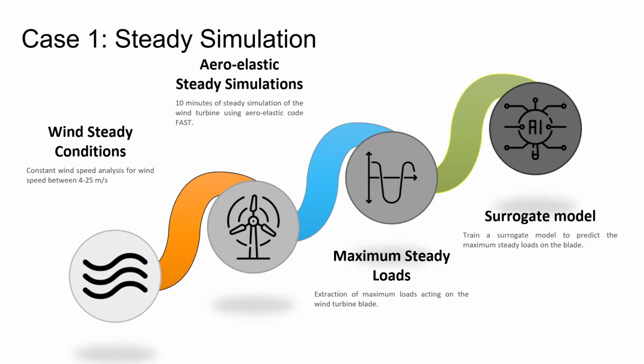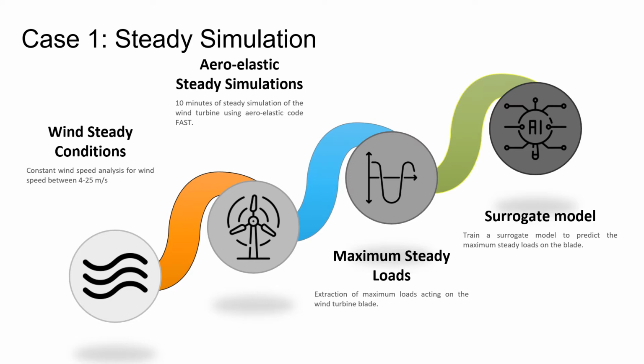With this simplified 10 megawatts wind turbine blade, 2 different cases will be simulated. First case is a steady simulation. First, a random uniform steady wind condition is defined between 4 and 25 meters per second.